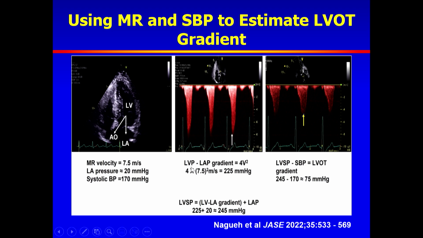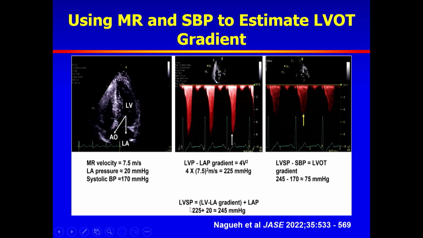Then we do the modified Bernoulli equation for the MR jet, and we say LV pressure minus LA pressure is 4V squared. The interest here is in LV systolic pressure, and so we say 4V squared. In this case it is 4 times 7.5 meters per second squared, which is 225. I rearrange the expression.